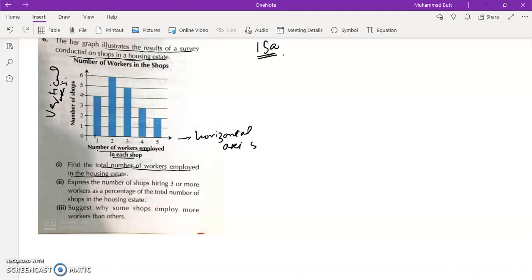Let me explain the first bar to you. The value of the first bar on the horizontal axis is 1, as we know that the horizontal axis is representing the number of workers employed in each shop. It means that 1 means 1 worker, but in how many shops? We are going to see the value on the vertical axis. It is 4.